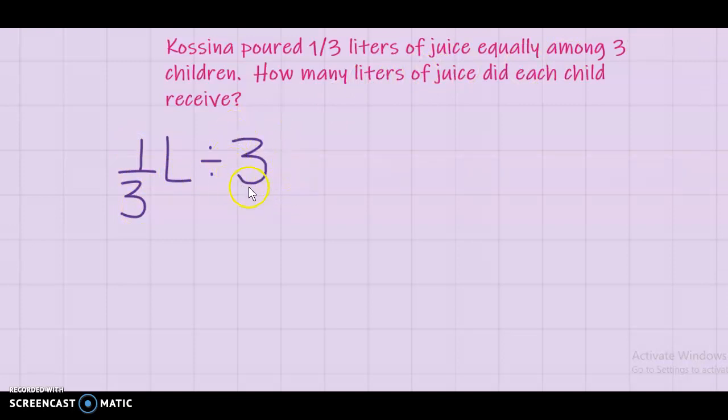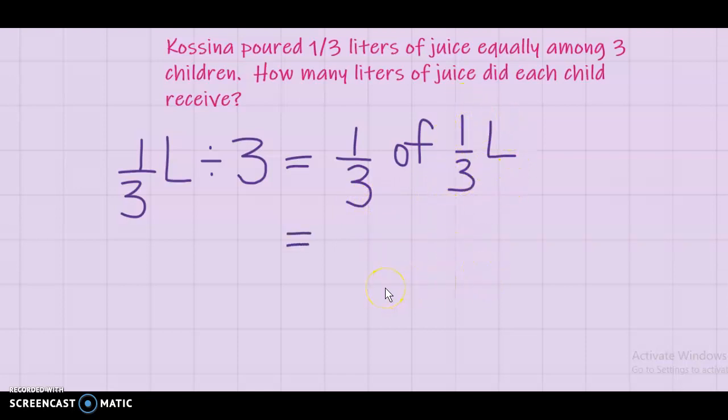And dividing by 3 is the same as taking a third. So we can also look at it as, what is 1/3 of 1/3 liter? This 1/3 represents the 3 children you're going to divide the juice among, and here's the 1/3 liter.